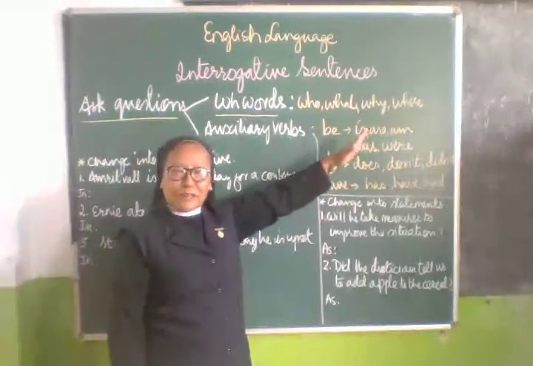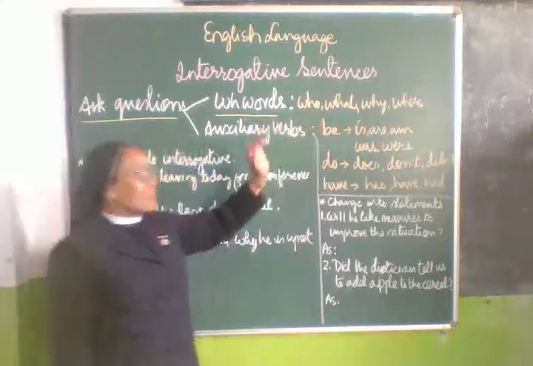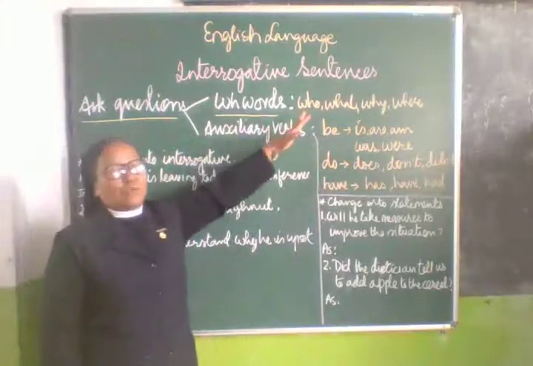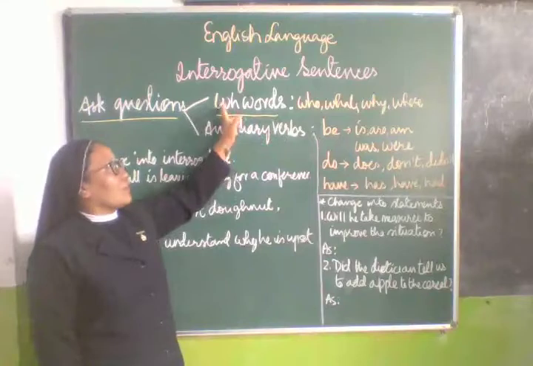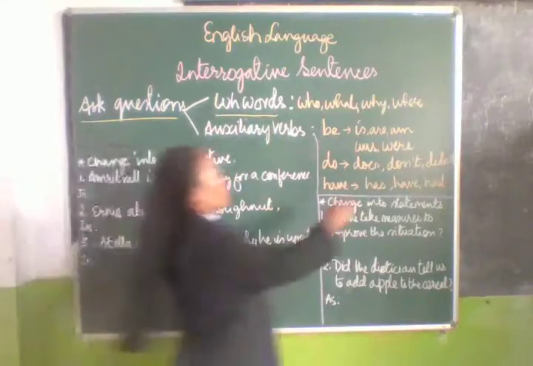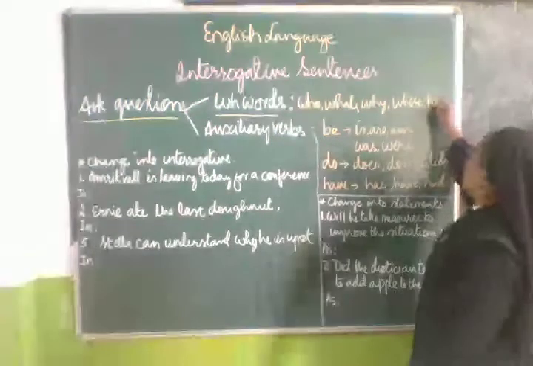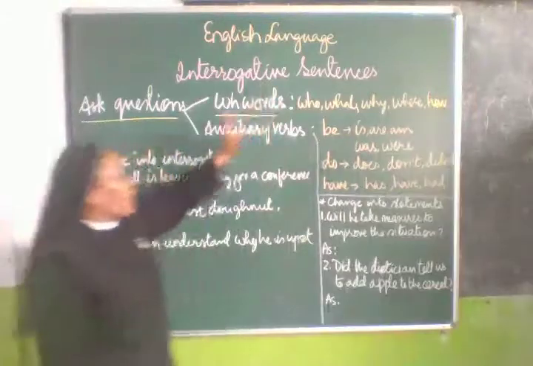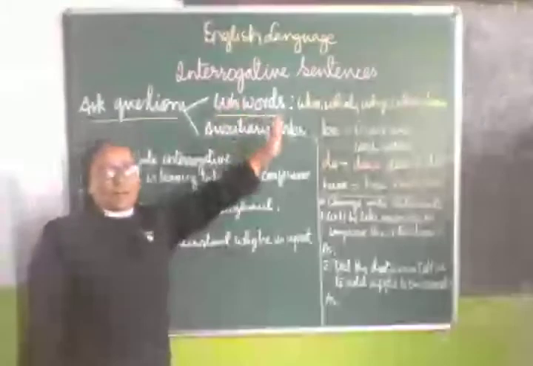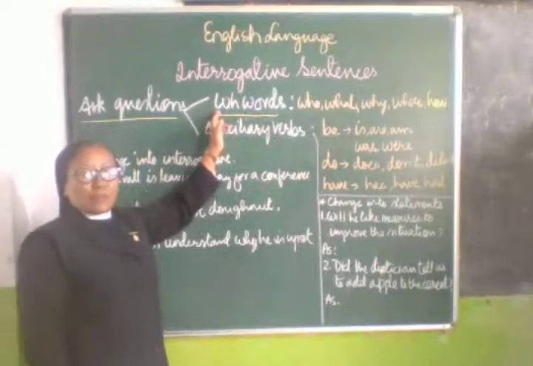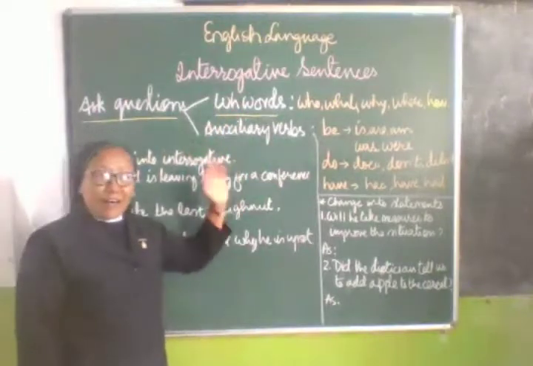These WH words start with W and H. You can even add how, and all the rest. So make sure that WH words are the words that begin with either W or H, that ask the questions.